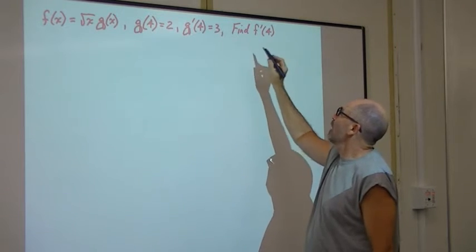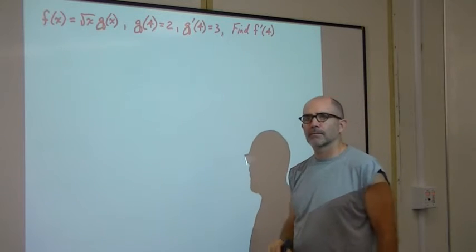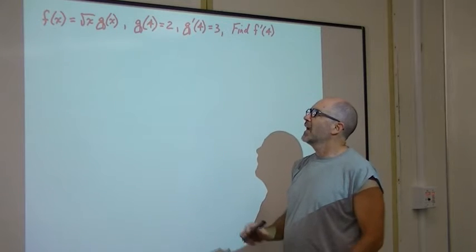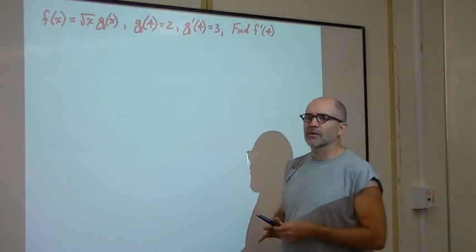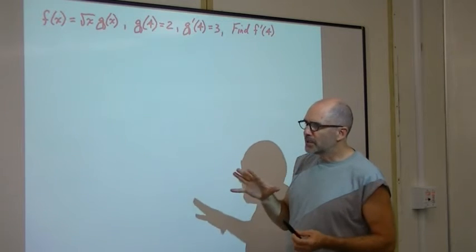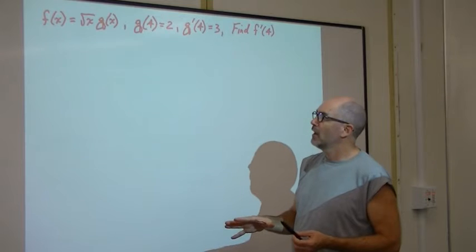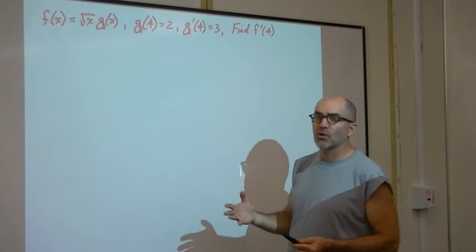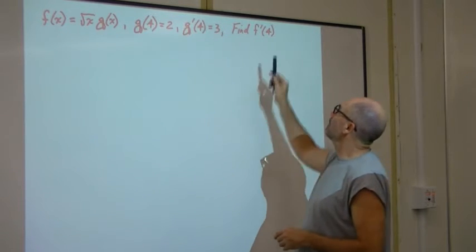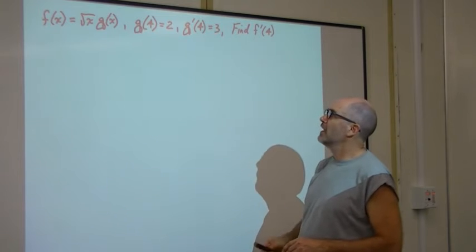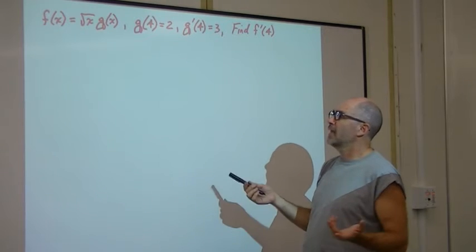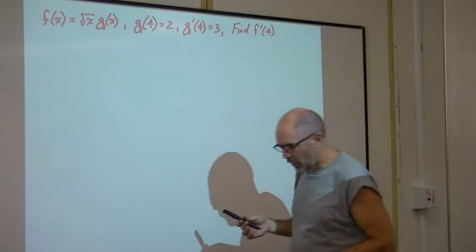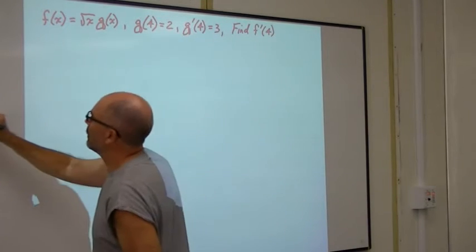And we're looking for f prime of 4. Okay, now this is one of those examples where you might not be sure what to do. So let's basically do what we know to do. If I'm looking for f prime of 4, then let's get f prime of x.